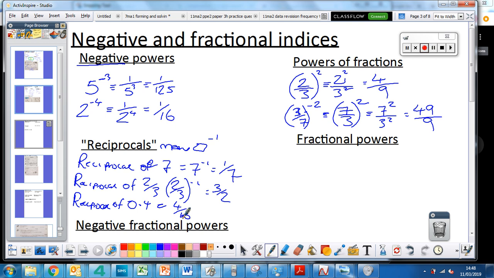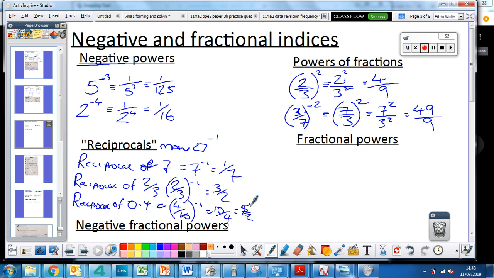True? 4/10, 0.4. So what's 4/10 to the minus 1? Well, we know reciprocal means the power minus 1. We know the power minus 1 means flip it. To flip 4 over 10 becomes 10 over 4. Can we simplify 10 over 4? 10 over 4 is 5 over 2.